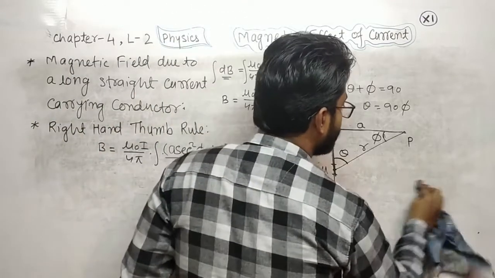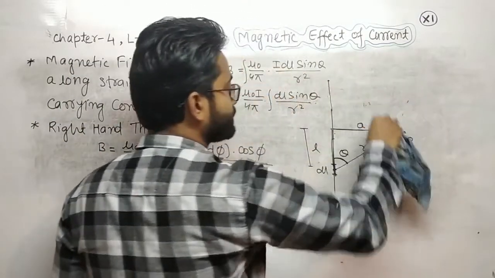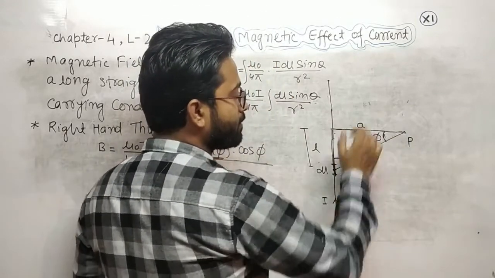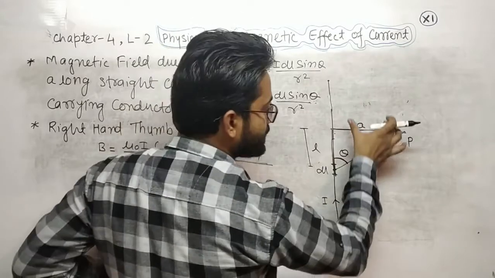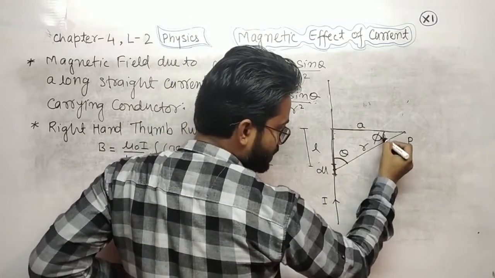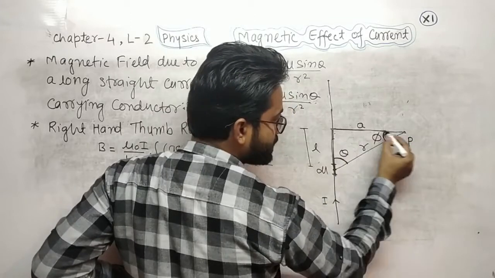In place of r, A is fixed, and r can be written in terms of A. For this phi, this is hypotenuse and this is base.